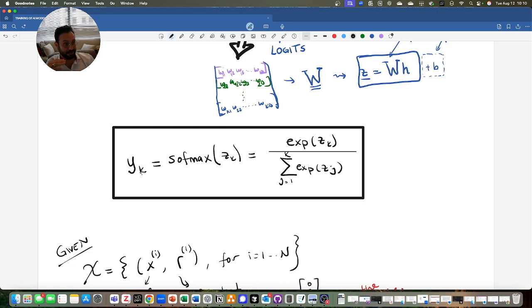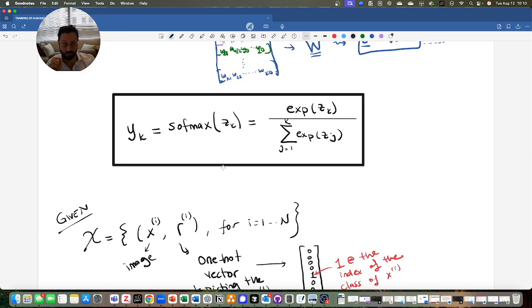So a little bit of change in yk for any of the k's should affect the z of others as well, right?